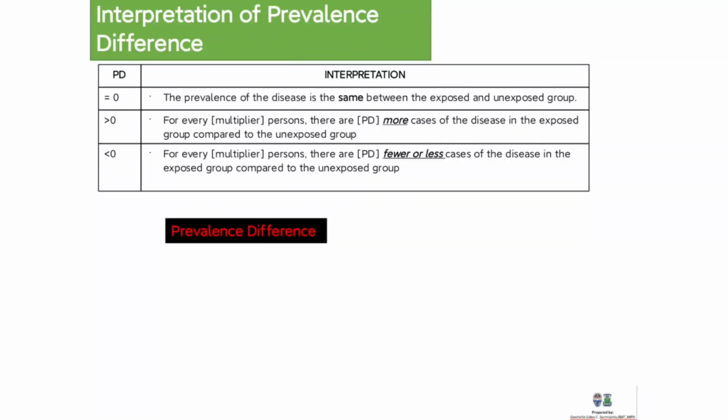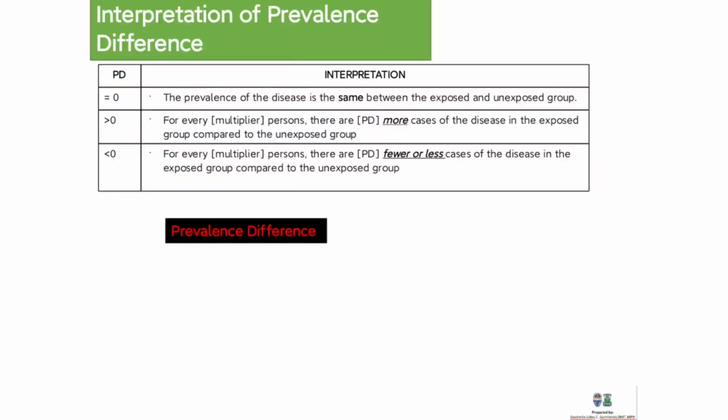So, prevalence difference kapag equal to 0, ibig sabihin, once again, yung mga values mo ay similar lang, hence, makukuha ka ng 0 value. So, the interpretation here is the prevalence of the disease is the same between the exposed group and unexposed group.